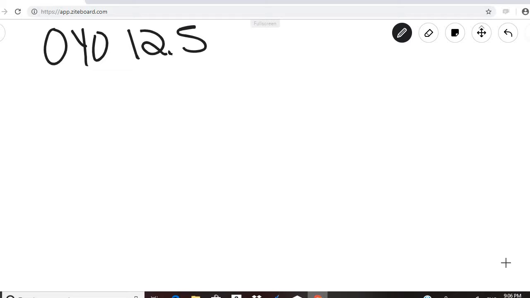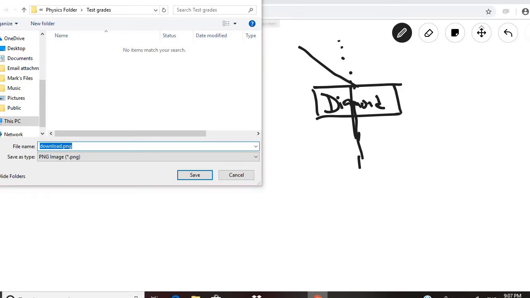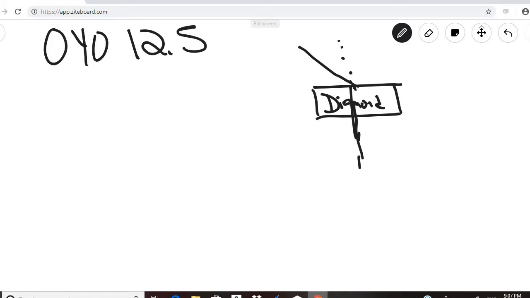Okay, so this says a light wave travels through air and then it encounters diamond. So it's the light wave, and this is diamond. That light wave is going to travel through air and then encounter diamond, and it's going to bend somewhat. We want to know what is the angle that it will bend.